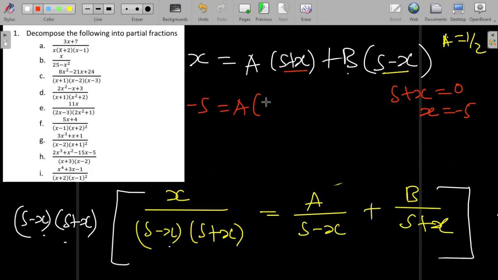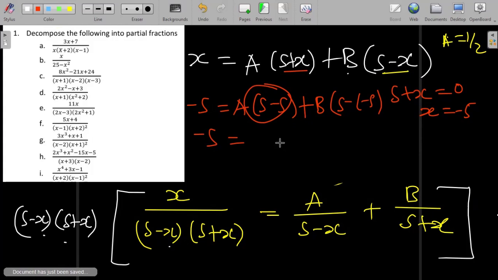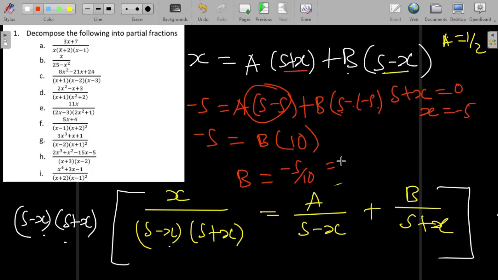So a times 5 minus 5, plus b times 5 minus 5, sorry, 5 plus 5. I'll end up with minus 5 is equal to, this one becomes 0, b times 10. So b will be minus 5 over 10, which is just minus 1 over 2. So we found b by eliminating a.